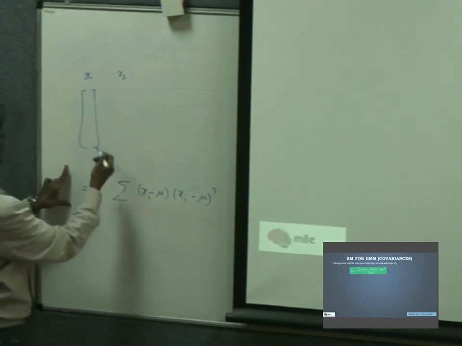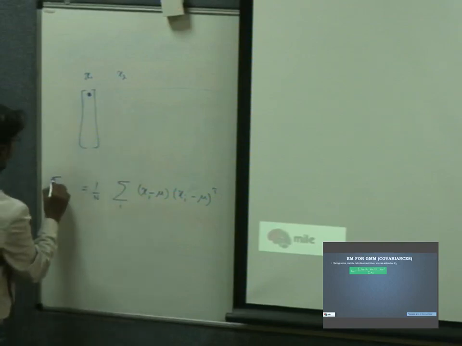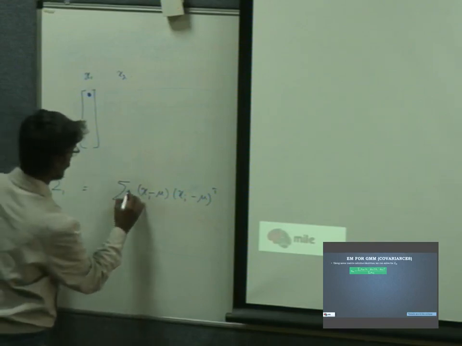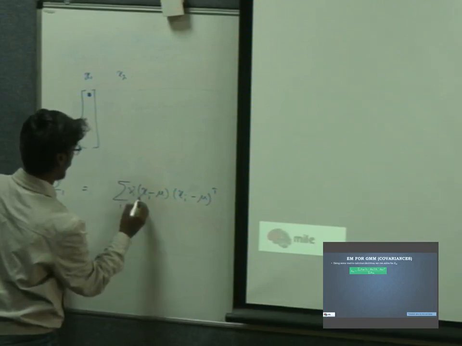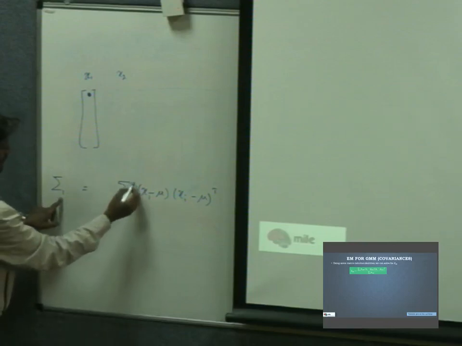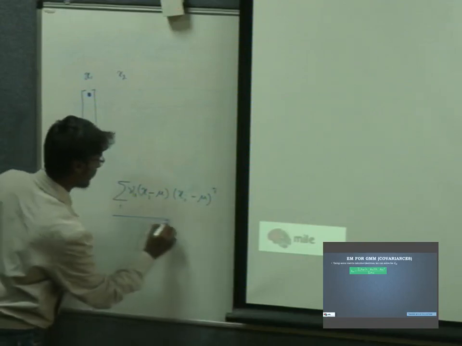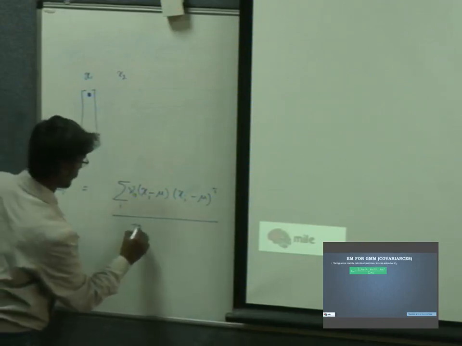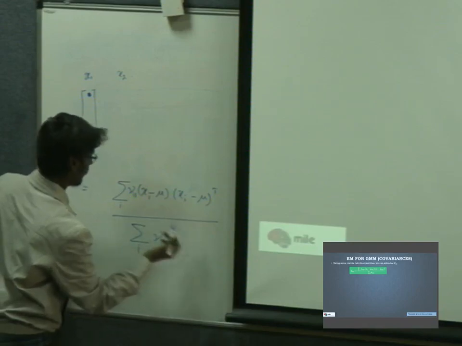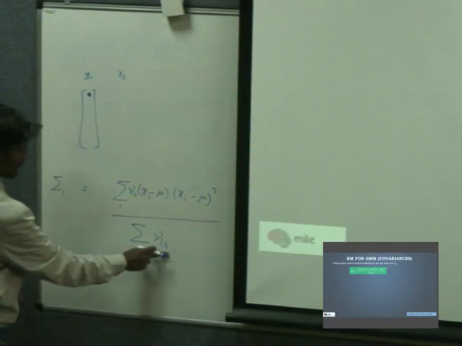GMM does soft weighting. So this is the probability that it can come from the first mixture. The first mixture's covariance is nothing but the ith vectors corresponding to the first mixture's posterior, and you do the same computation and scale it, so you sum over gamma i1, and similarly for 2 you sum over gamma i2, and so on.